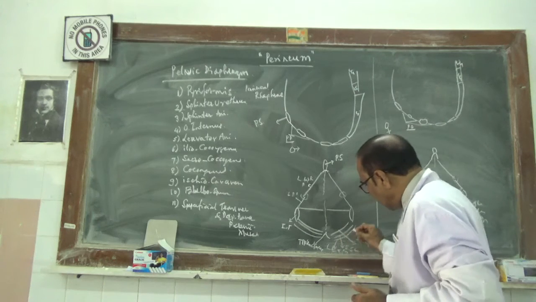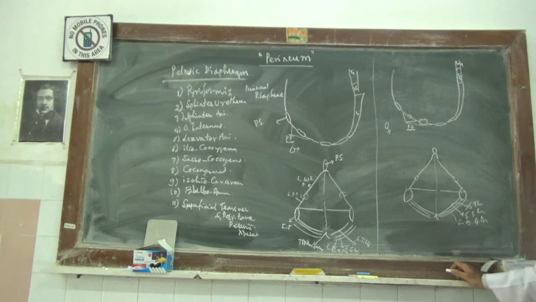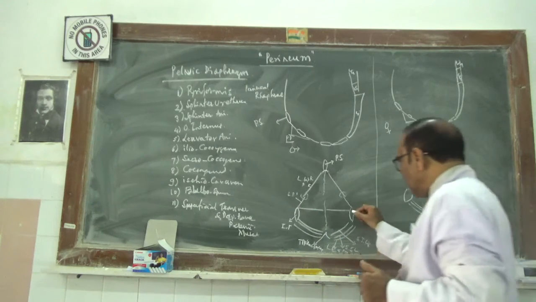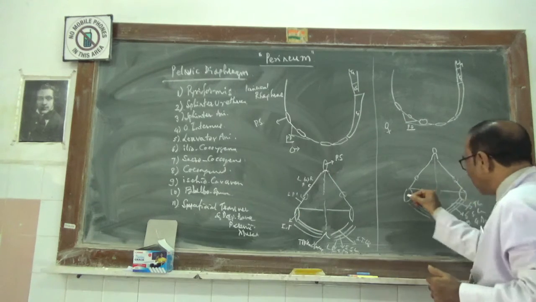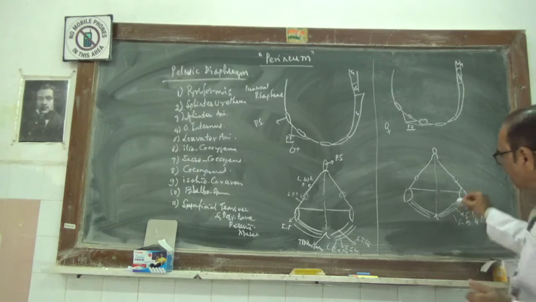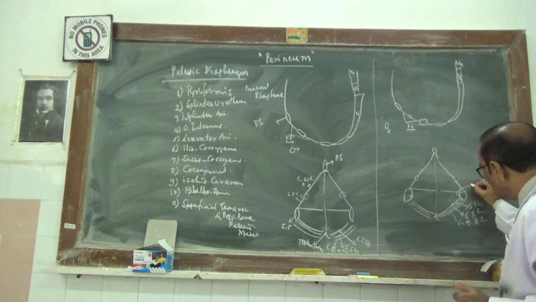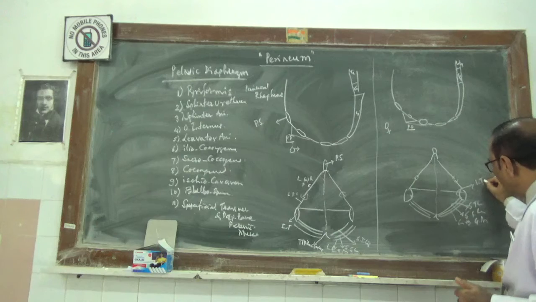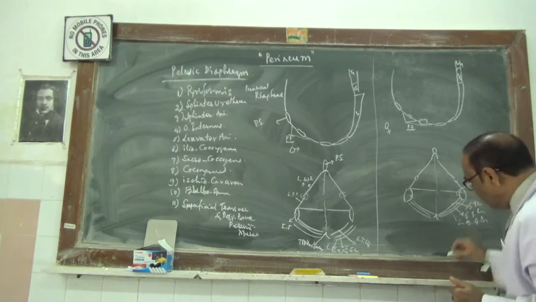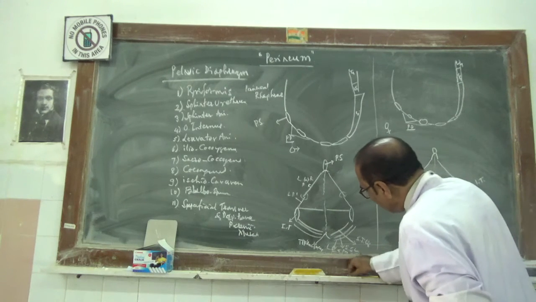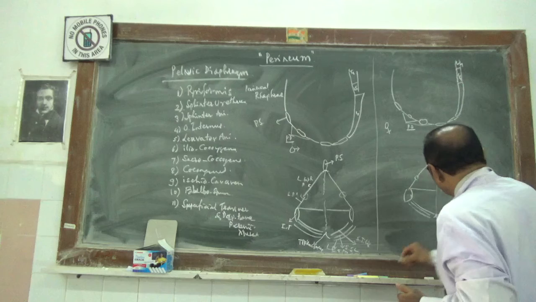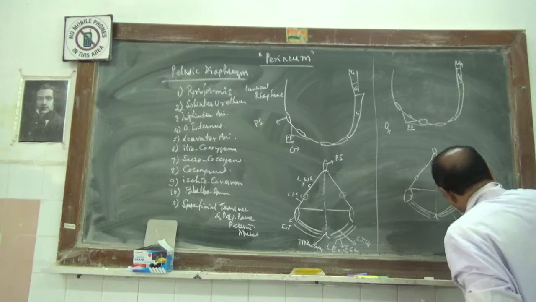Apart from that, there is one border of a muscle. That muscle is the gluteus maximus. Now laterally on either side, it is limited by the medial surface of the ischial tuberosity. Apart from that, laterally on either side it is also limited by a canal.